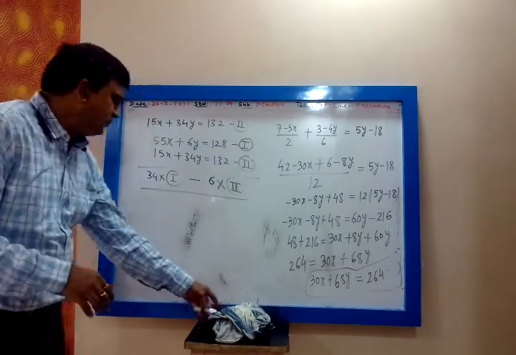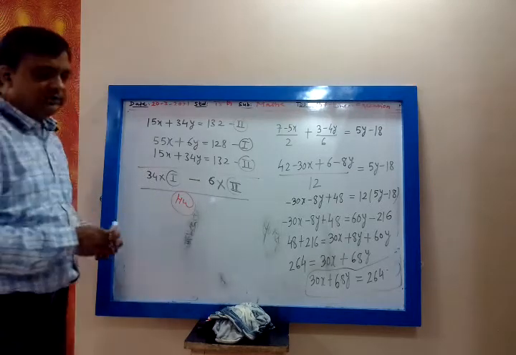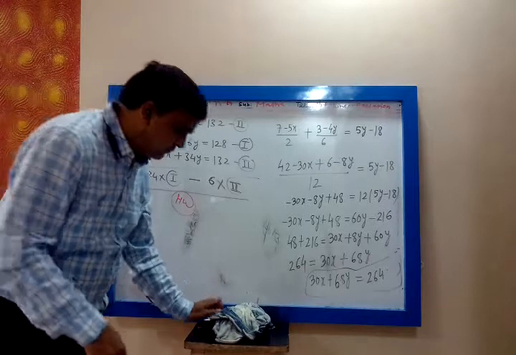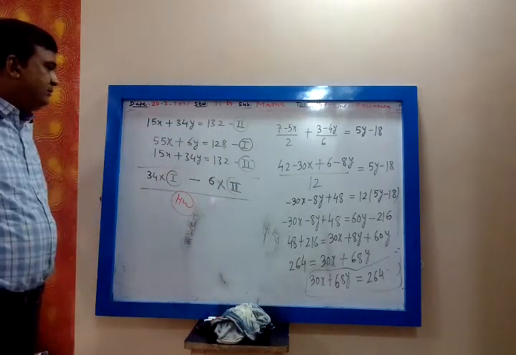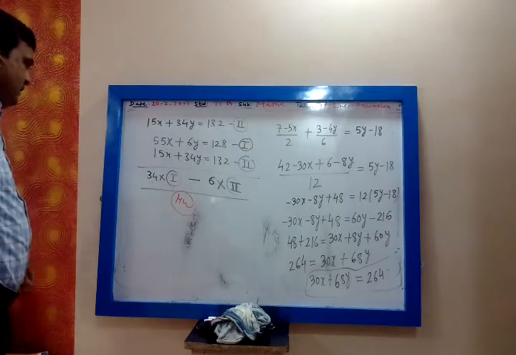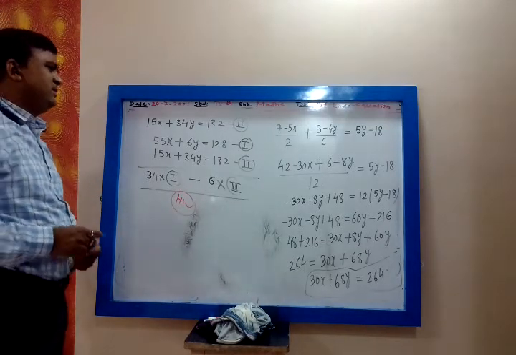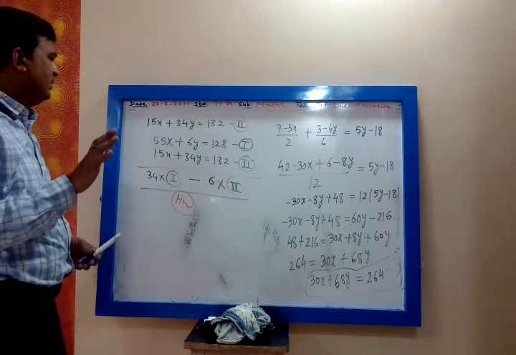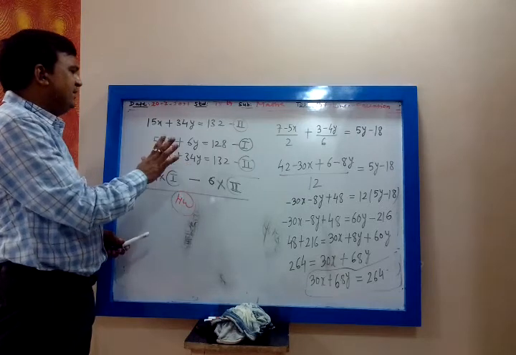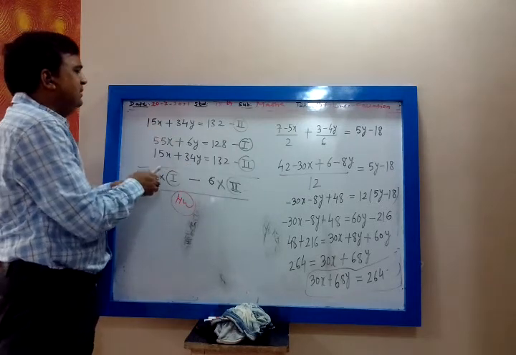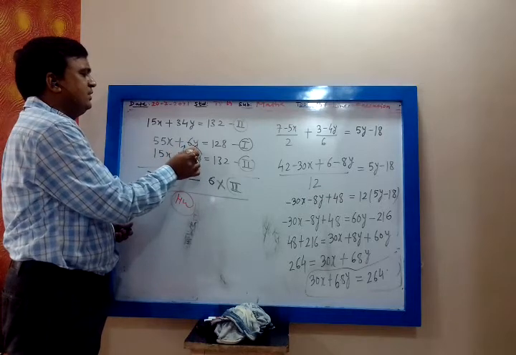So further part is homework, do it. See here, my dear, you should not get confused. So straight away, without thinking anything, just multiply equation 1 by this coefficient, equation 2 by this coefficient.